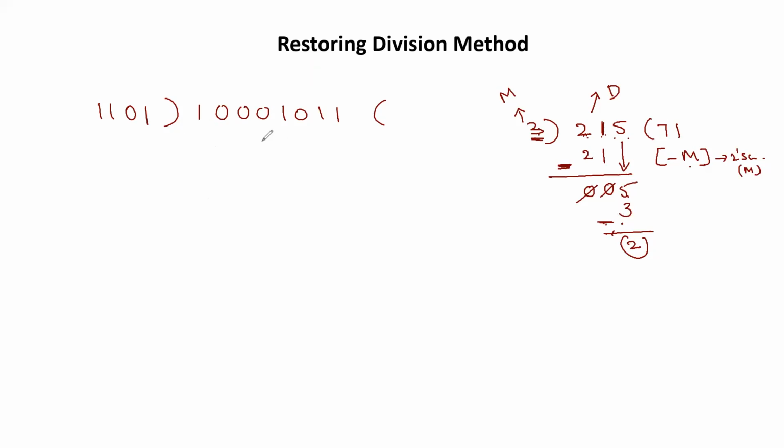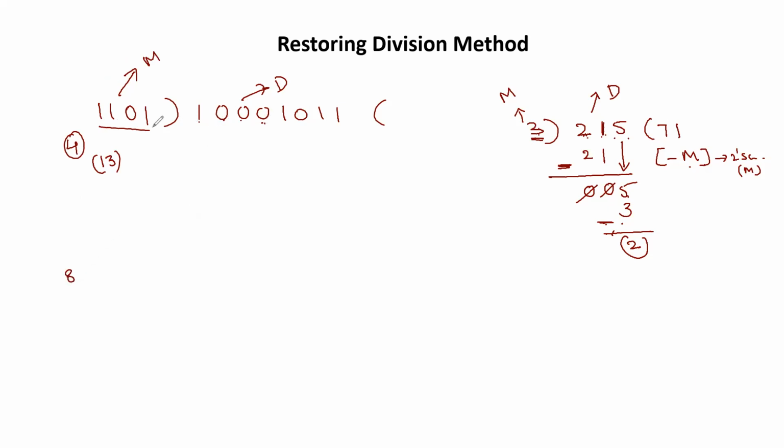Now let us come to the binary division. This is the dividend, indicated with D. This is the divisor, indicated with M. The number of bits is 4, so at a time we have to see 4 bits to divide this dividend with the help of the divisor. Now 1101 has the decimal equivalent 13. Here 1000, the first 4 bits, has the equivalent 8.